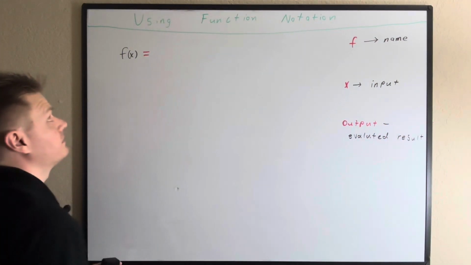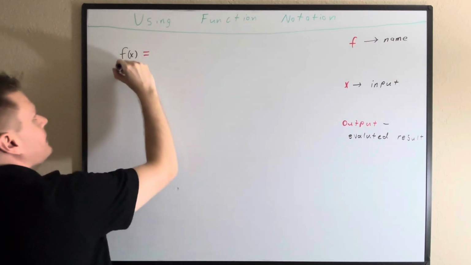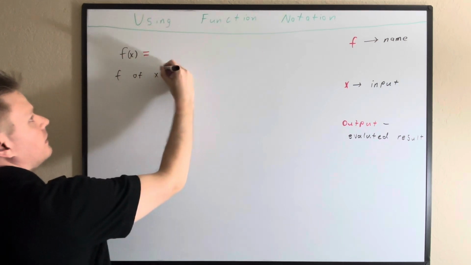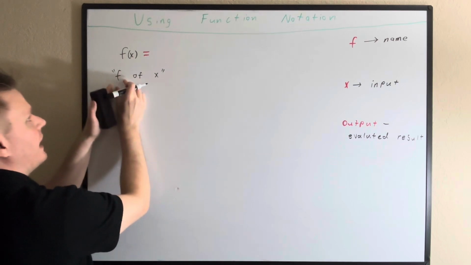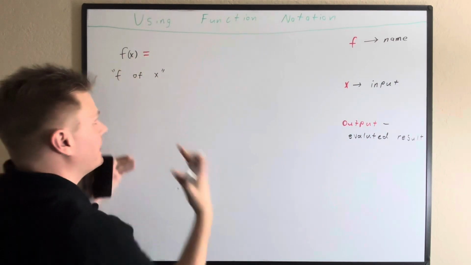Right? What we're saying is, in English, we say f of x. That's how we read that. What we're saying is function f in terms of x. What does that mean?